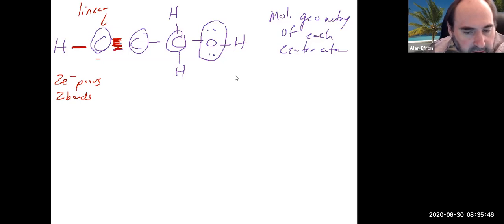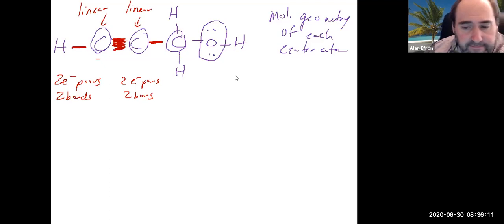Then we go to the carbon next to it and isolate that carbon. This triple bond still only counts as one electron pair, and there's another electron pair over here. So this one also has two electron pairs and two bonds, which means it is also linear in terms of its molecular geometry.